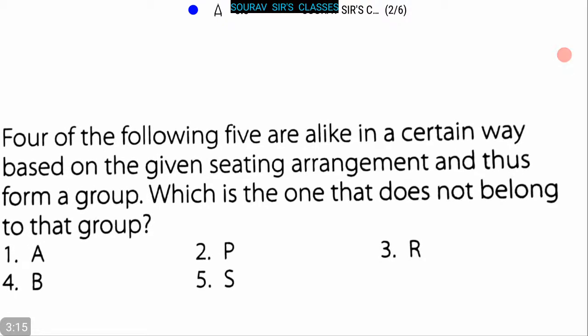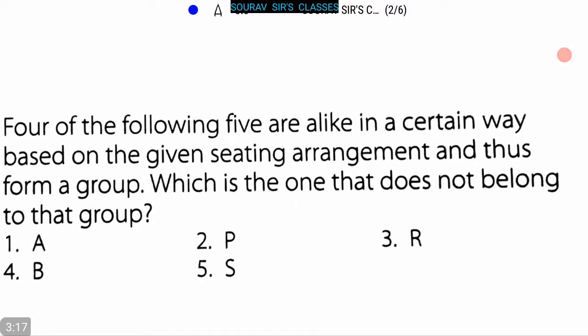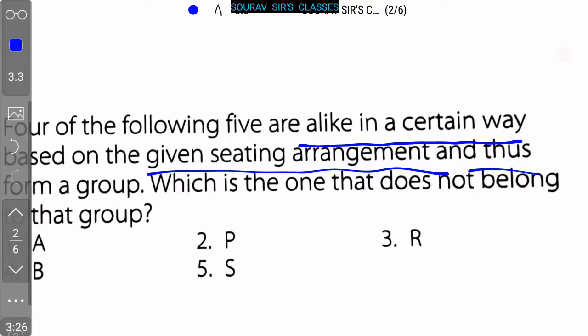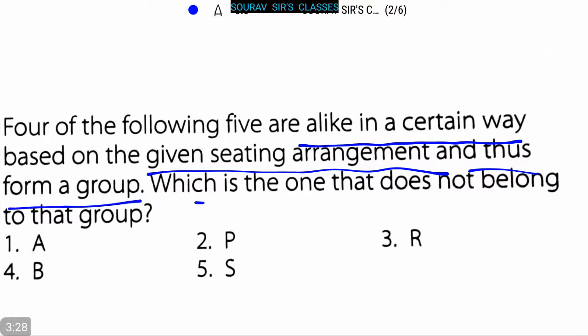Our first question is, 4 of the following 5 are alike in a certain way based on the given seating arrangement and thus form a group. Now we have to find out which is the one that does not belong to the group. Here 5 options are given and we have to choose the right one.